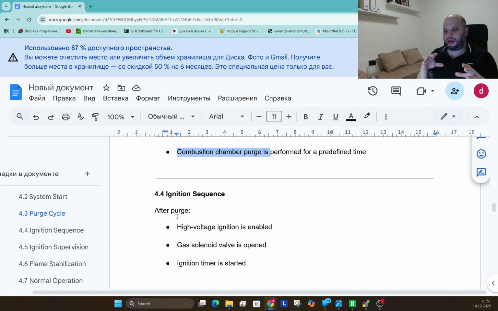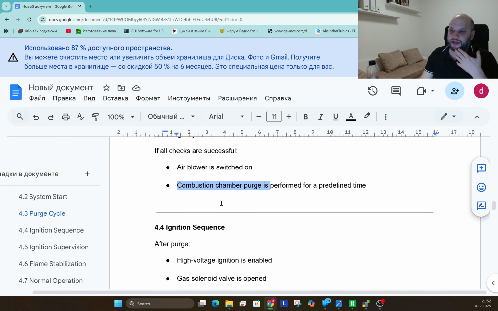If there is a special proportion of the mixture of gas and air or oxygen, the spark will make a big boom, an explosion, and this is definitely not safe.